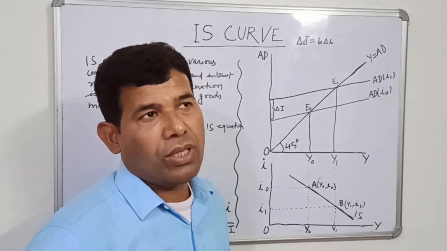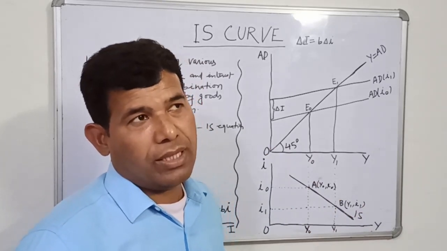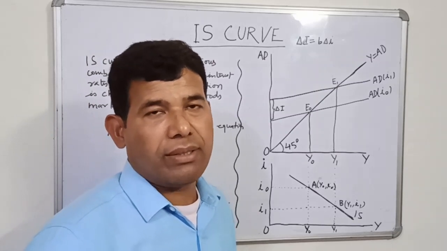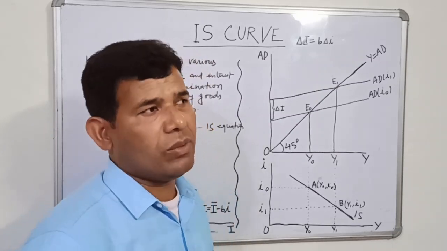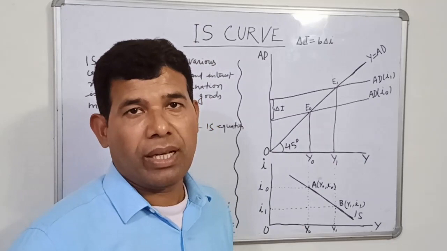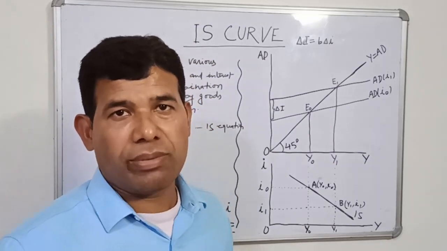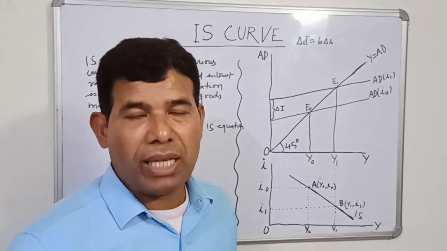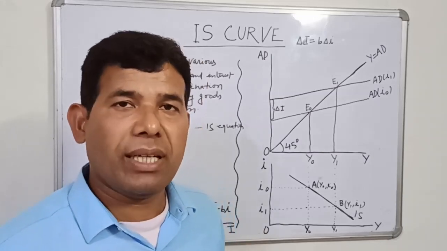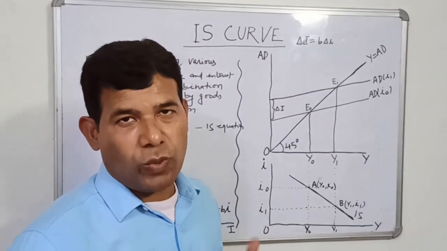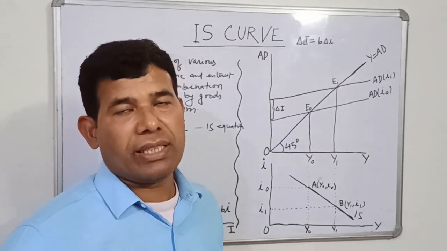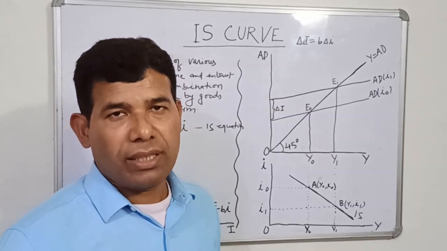As you know, as per Hicks' theory of income determination, which is nothing but an extension of the Keynesian model of income determination, Hicks talked about the marginal efficiency of capital, according to which investment in the economy and the interest rate in the economy are inversely related.